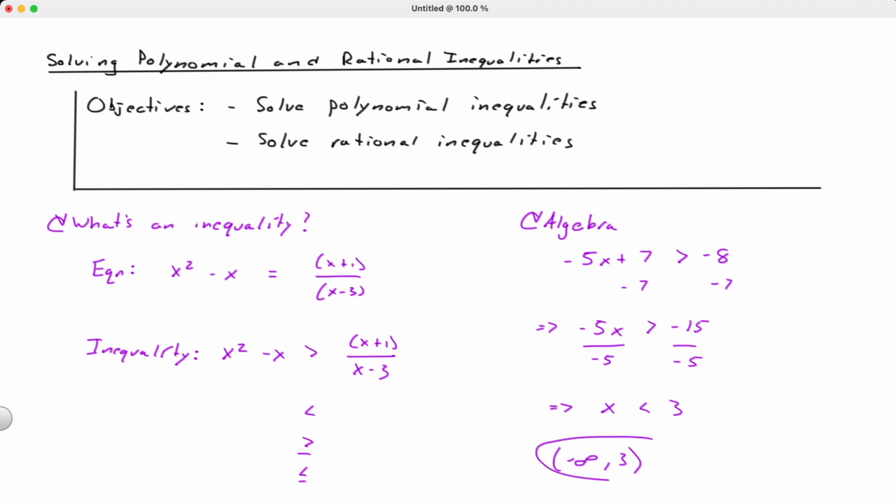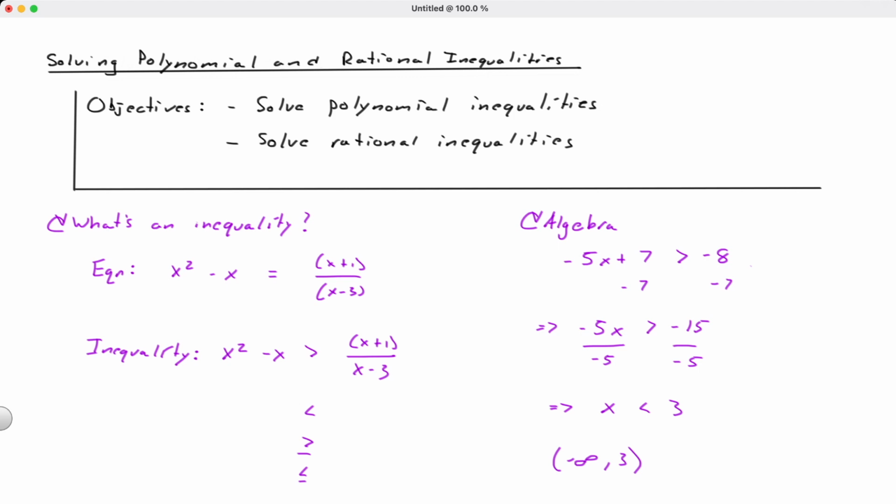And what this represents is all of the x values that if we were to plug them back into this inequality would make this statement true, that would make this side of our inequality greater than this side of our inequality. And of course, you could plug those in and check, and this would work exactly the same way as an equation.